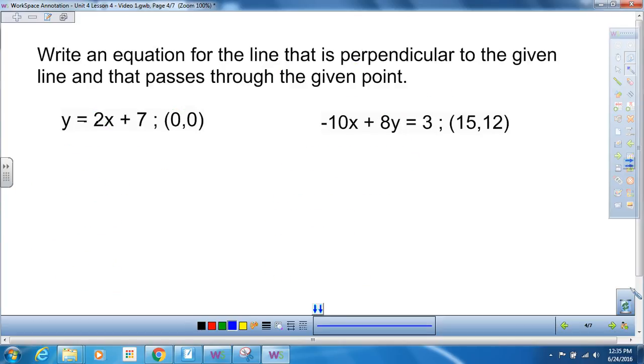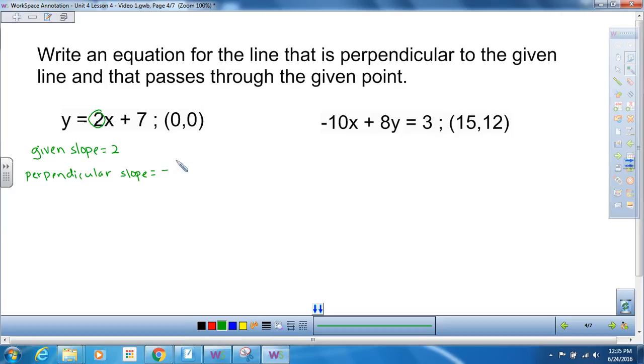Okay, we're going to do the same thing, but this time we're going to talk about perpendicular lines. Again, I only care about the slope for my given line. So my given slope is 2, and my perpendicular slope, so remember we want opposite reciprocal, so that's positive 2, so I know it's negative.